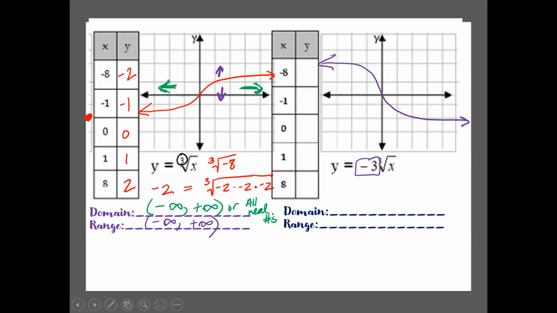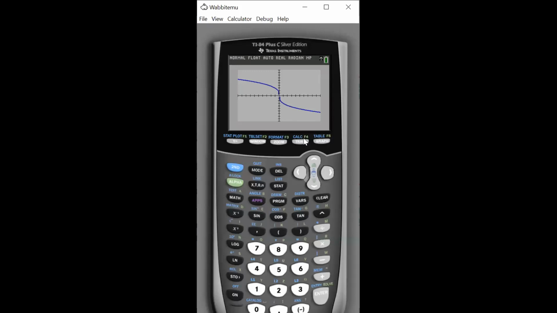But now I need to fill out my chart, okay? So to fill out my chart, I'm going to go back to my graph and do second trace. And we're going to type in -8, which then gives me a 6. What about when it is -1? It gives me a 3.